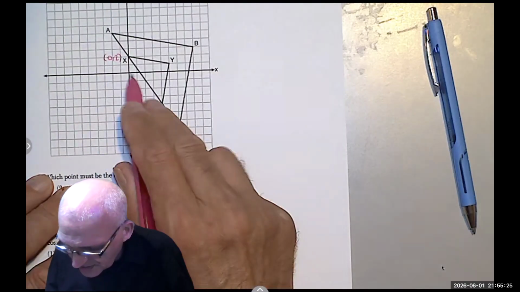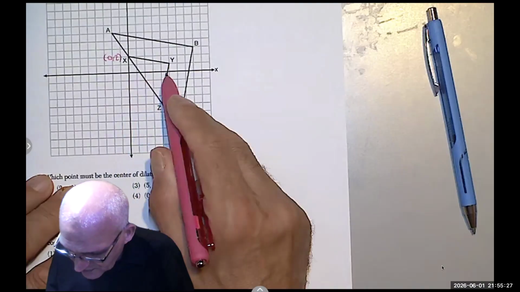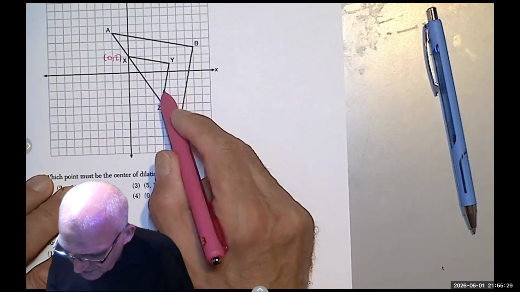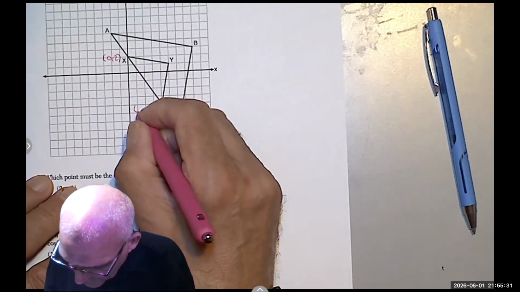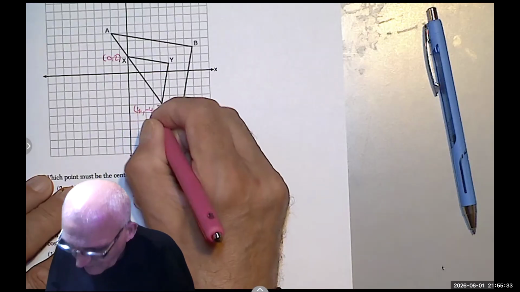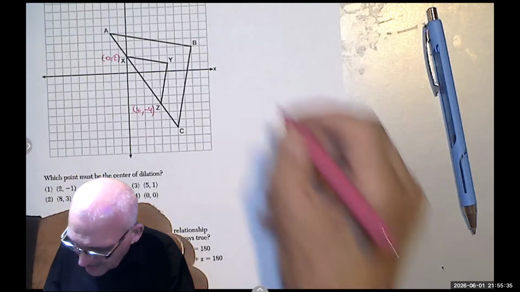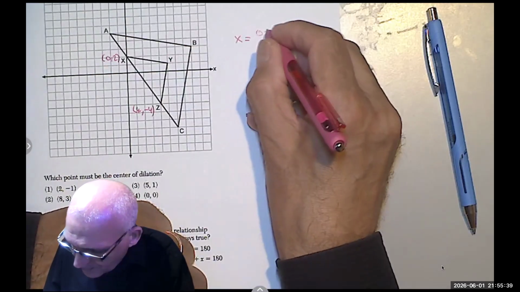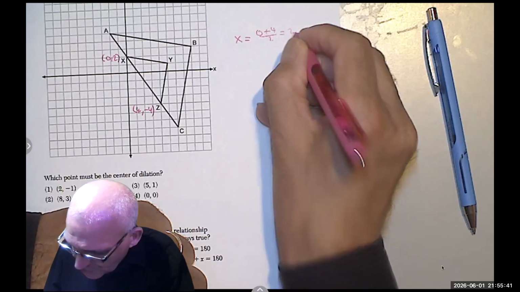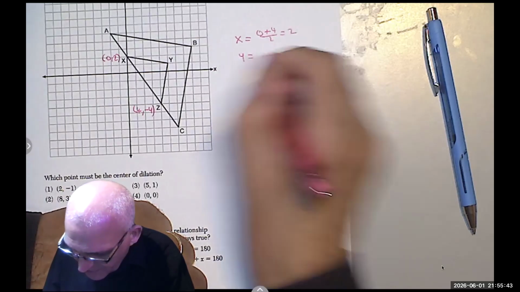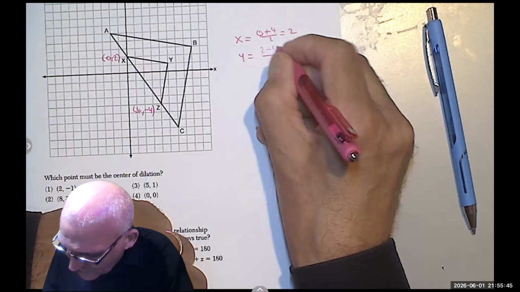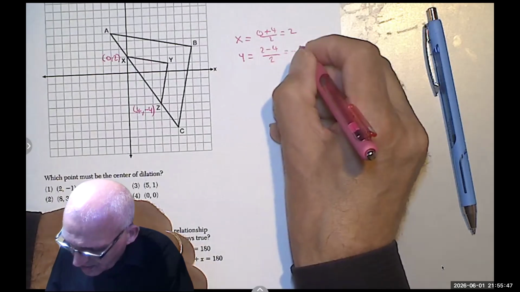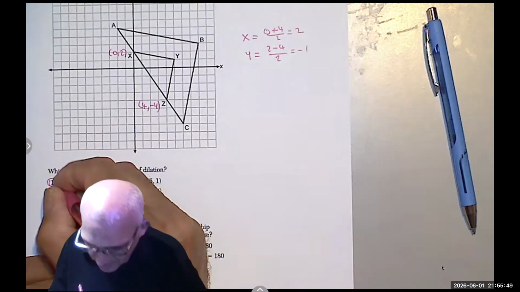Z has coordinates 4 and negative 4. So the midpoint's x-coordinate is 0 plus 4 over 2, which is 2. And the y-coordinate would be 2 minus 4 over 2, it's negative 1. 2 and negative 1 is number 1.